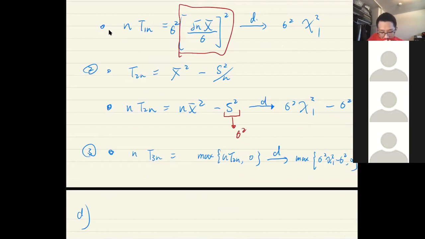And then we want to figure out which one is better.